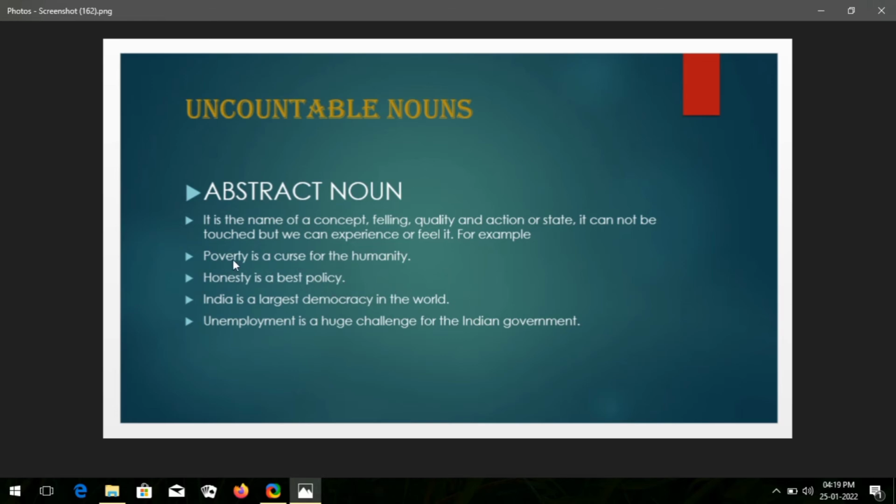So here poverty is an example of abstract noun. And honesty is the best policy, so here honesty is an example of abstract noun. And like this, India is the largest democracy in the world, so democracy here indicates abstract noun, and unemployment is also an abstract noun. I hope you must be getting, students. Let's move further.